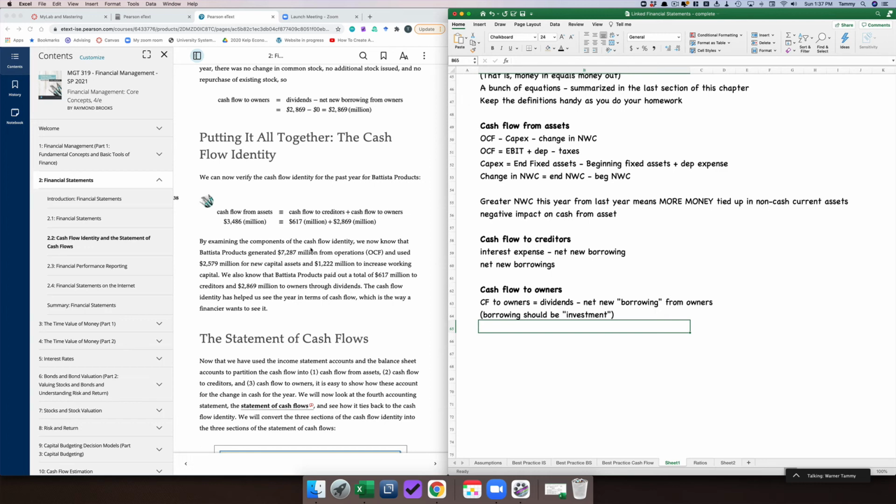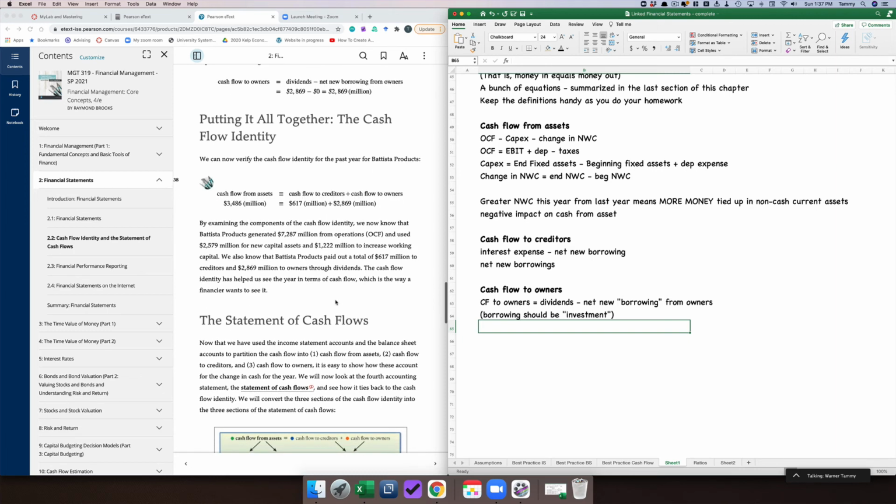So we had $7.2 million in operating cash flow, and then we used some of that to buy a new machine and to get more working capital. And then paid out $617 million to creditors and $2.8 million to owners, right?